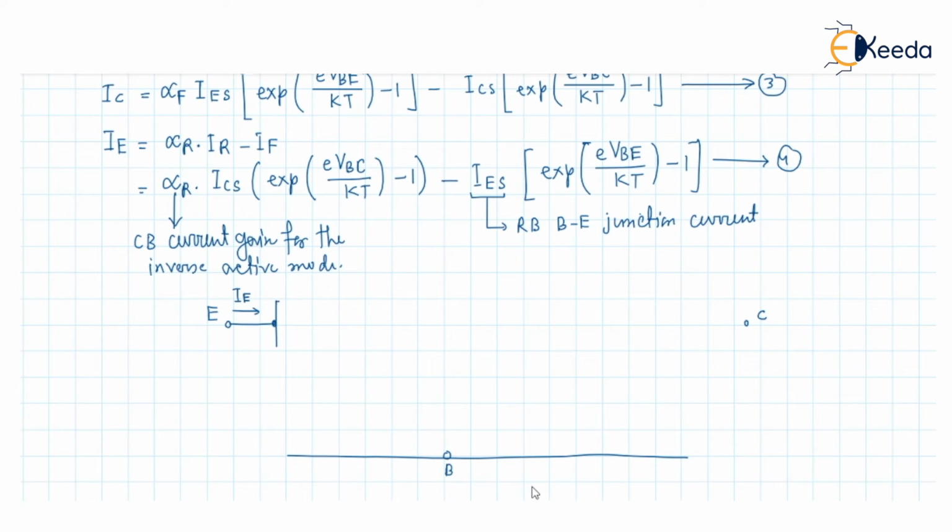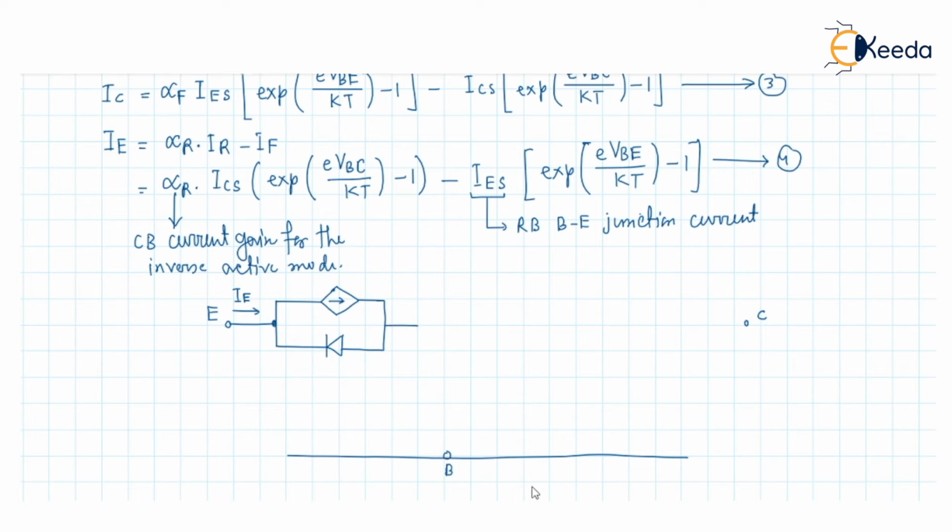It can be drawn as a dependent current source in this direction, with a diode in this direction.